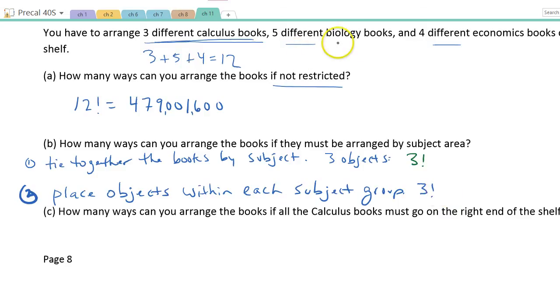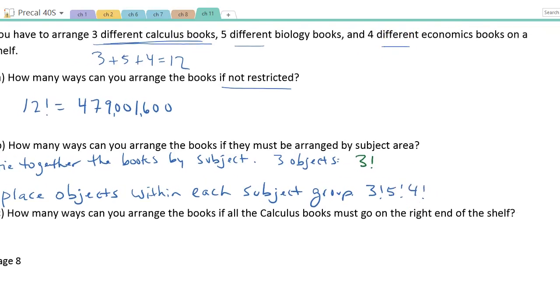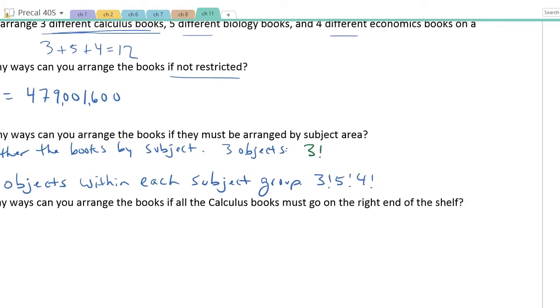How many different ways to place the 5 biology books? 5 factorial. How many different ways to place the 4 economic books? 4 factorial. So at the end of the day then, once we've done both steps, it will be 3 factorial times 3 factorial times 5 factorial times 4 factorial.